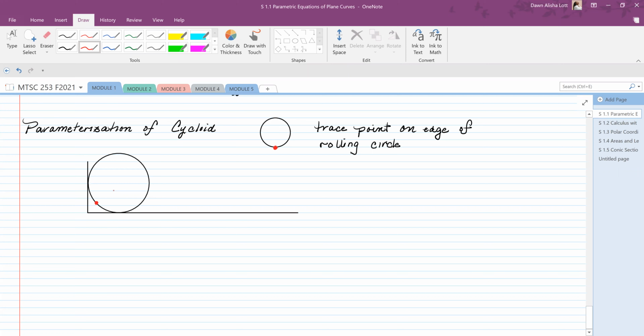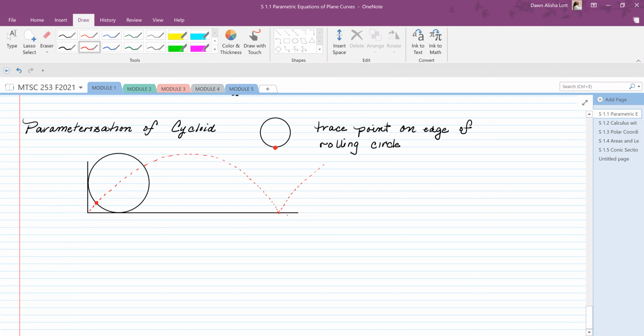Okay, so if he rolls backwards, he would go to 0. Okay, so the point is he is traveling like this. That is the path of the cycloid. And then he's going to start again. Okay. All right. Now we can talk about it.